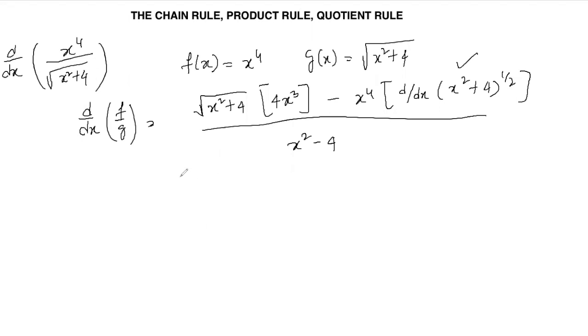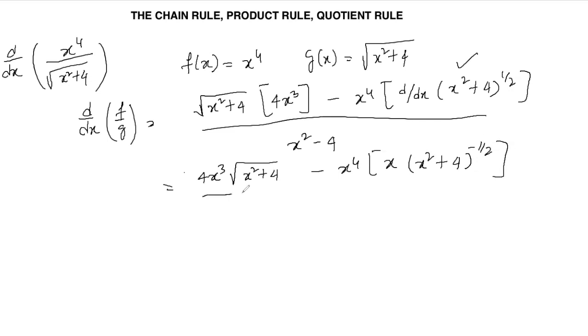So further continuing, we got this result. Now this will be 4x cube square root of x square plus 4, this is x power 4, and we got this result x into x square plus 4 to the power of minus half.